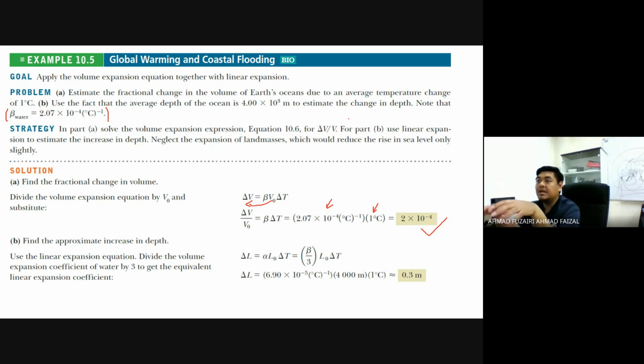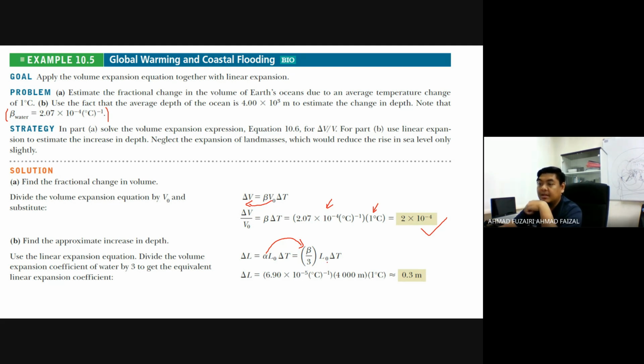Volume: area times the depth, you can get volume. So that's why in here we have alpha L naught delta T. That alpha we can change to beta over 3, because we have beta.